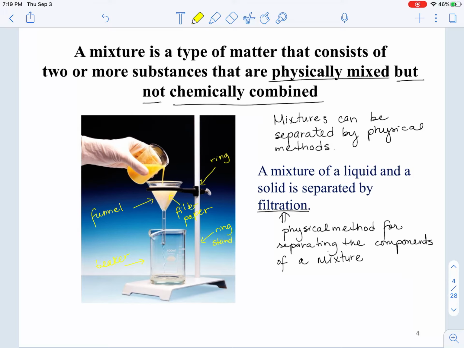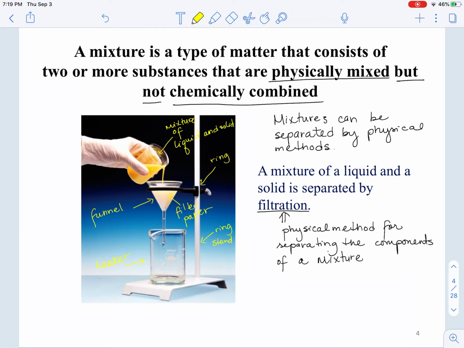So if we have a mixture of a liquid and a solid, which is what we have in here. So here we have a mixture of liquid and solid.